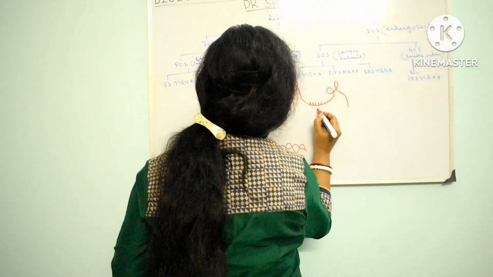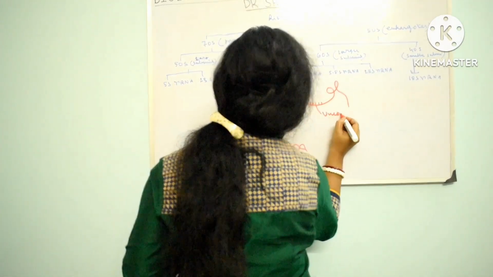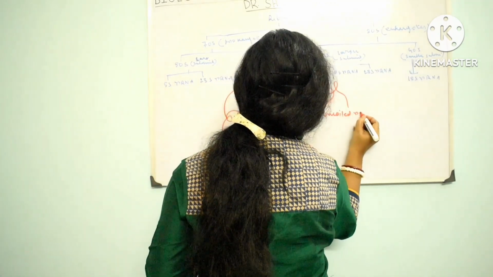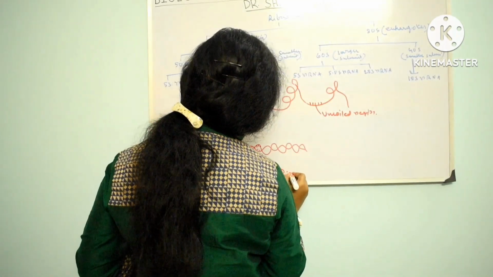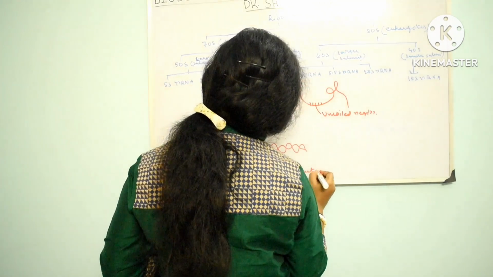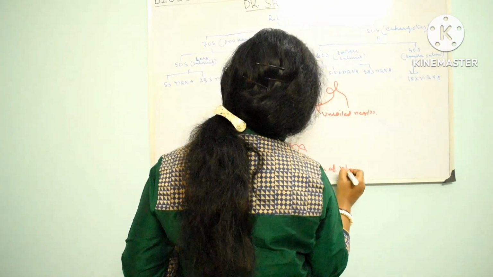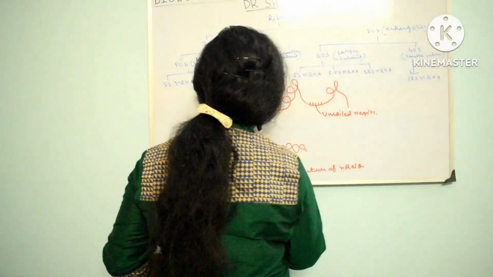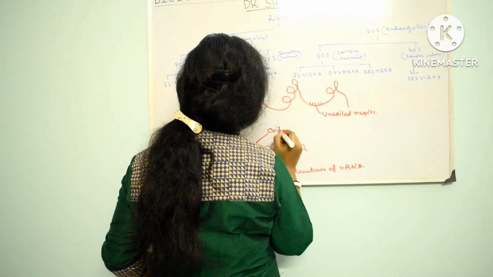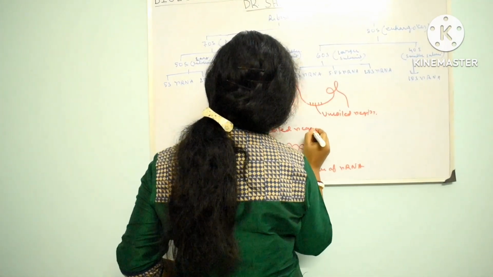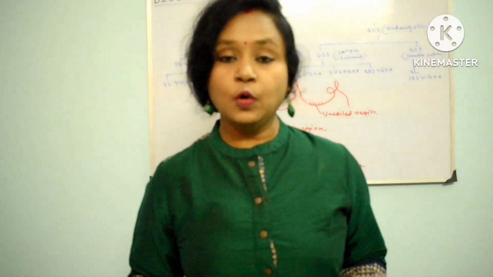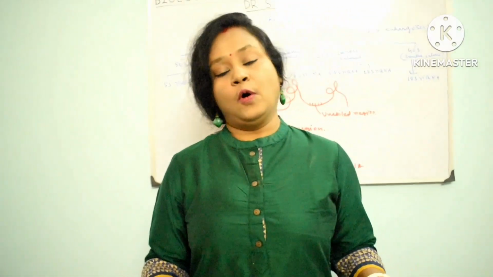This one is the uncoiled region. All of this is the 3D structure of rRNA. This one is the coiled region. So this is all about rRNA.